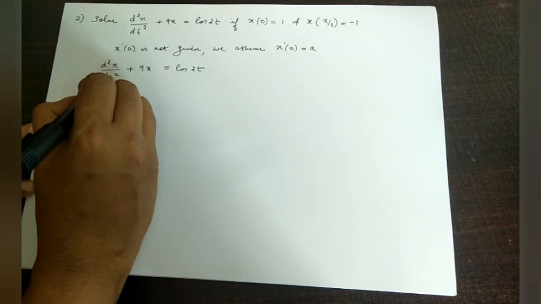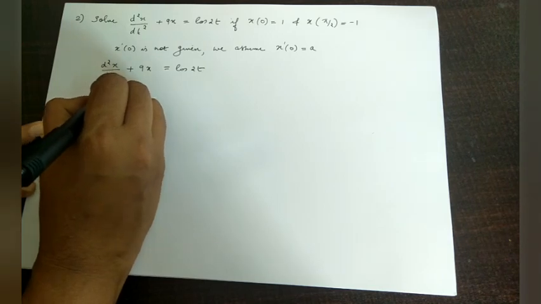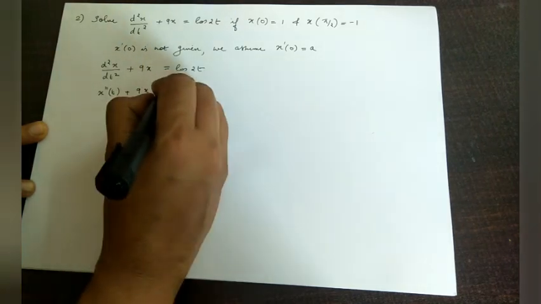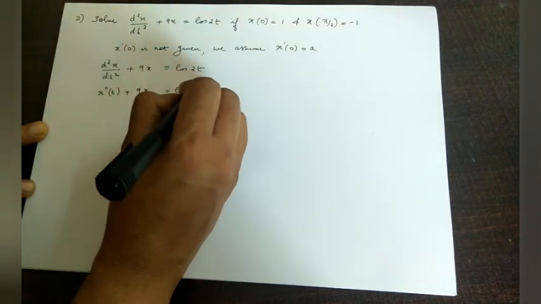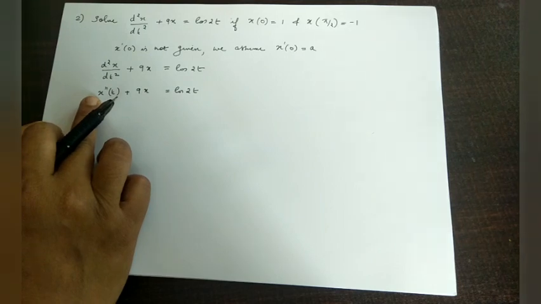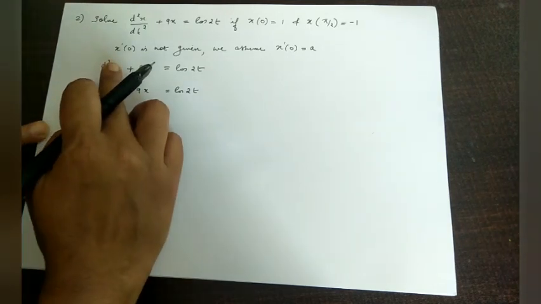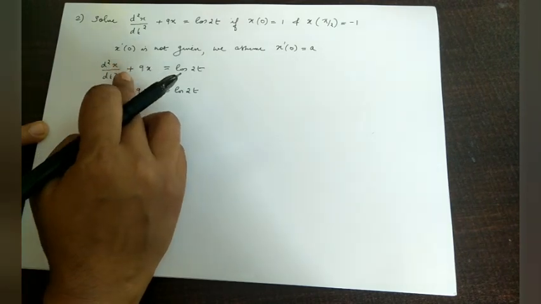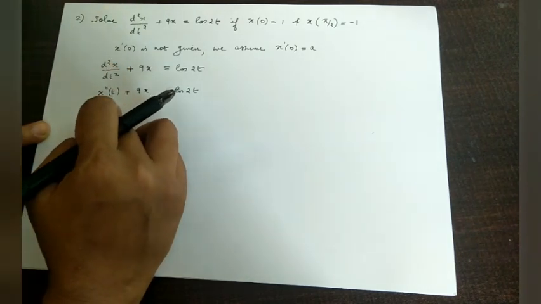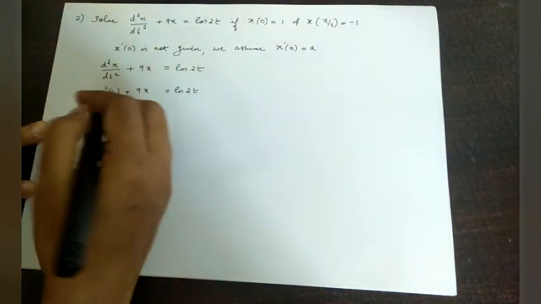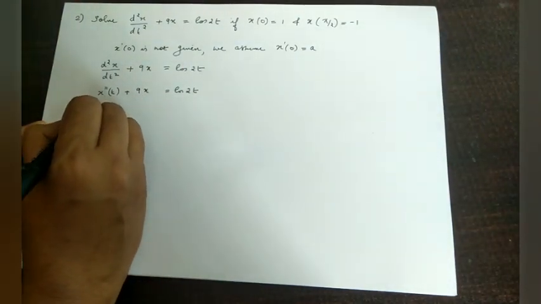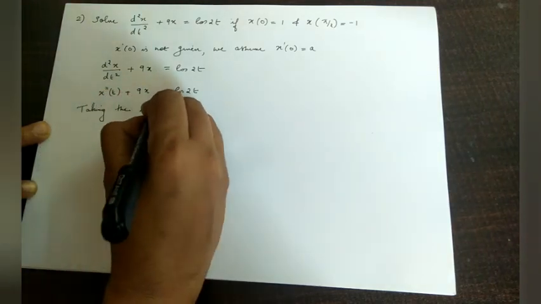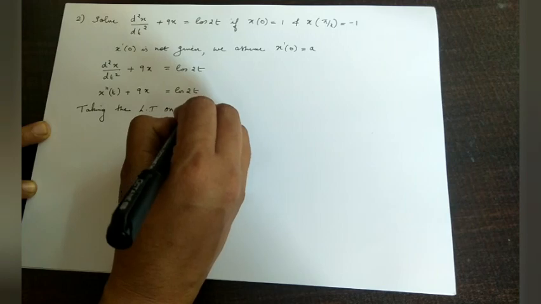Again this can be written as x double dash of t plus 9x is equal to cos 2t. In the place of y, substitute x. Here the equation is of the form d square x by dt square instead of d square y by dt square, as in the previous case. Okay, x double dash t plus 9x is equal to cos 2t. Similarly, taking the Laplace transform on both sides.